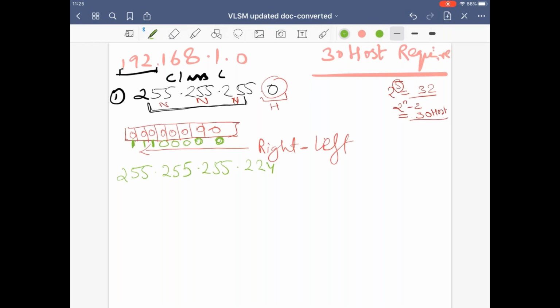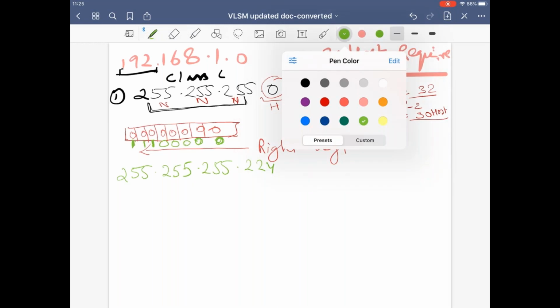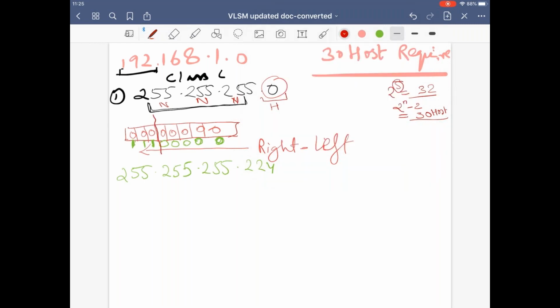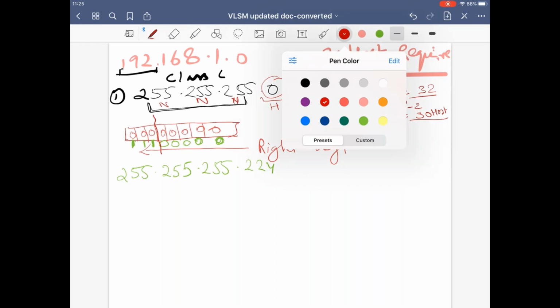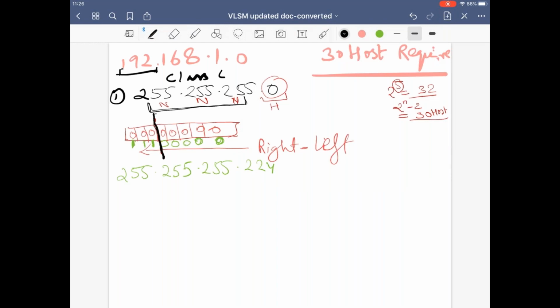And if I make a line here, see the black line, this is my line because this is 1.